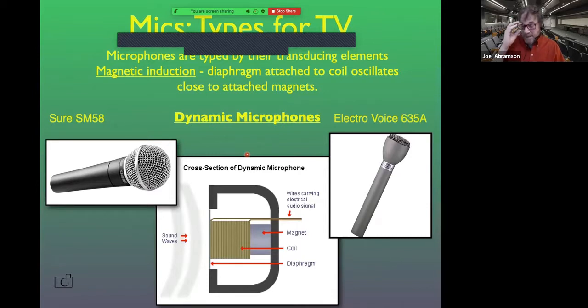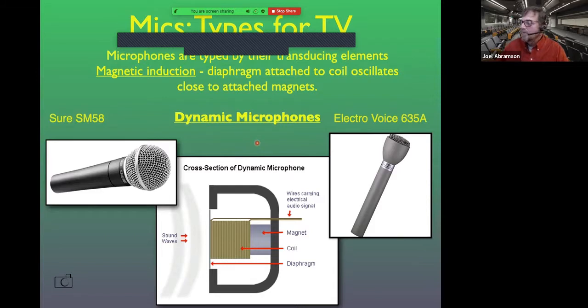This is why we see a lot of TV field producers using dynamic microphones. If you see a reporter in the field, they are most likely using a dynamic microphone, because they can hang on to that and throw it in the back of the van, and it's a good sturdy microphone.